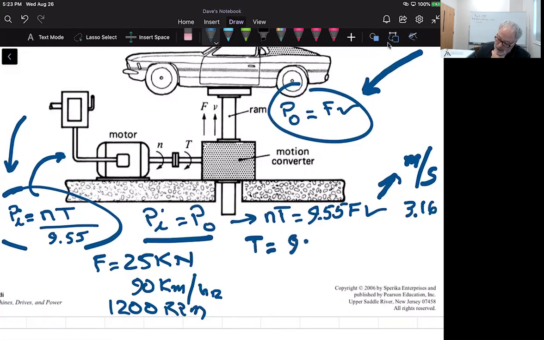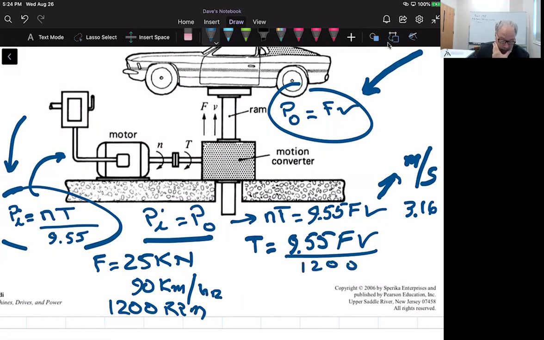I end up with 9.55 times the force times the linear speed, divided by N, the rotational speed, which we're saying is 1200.